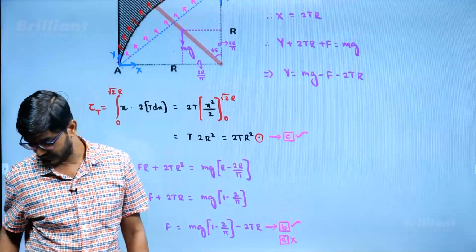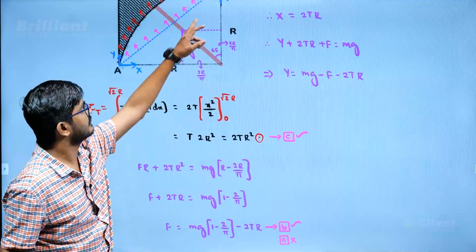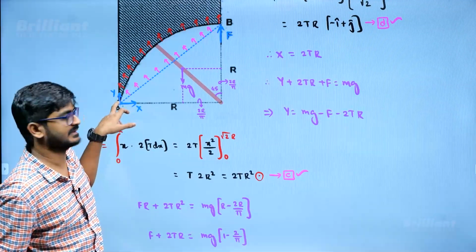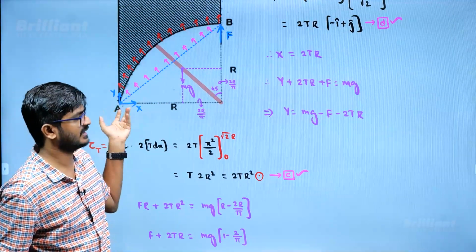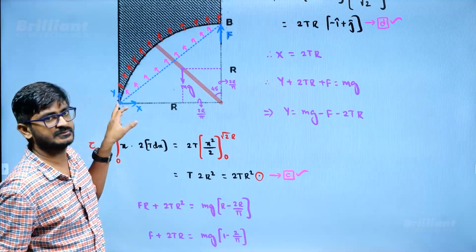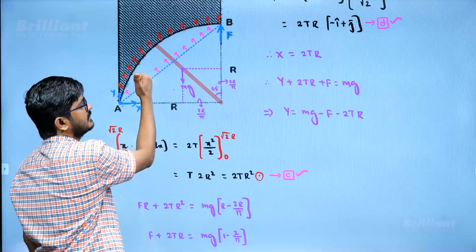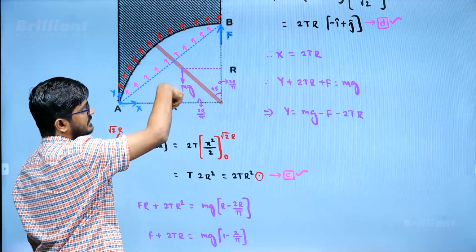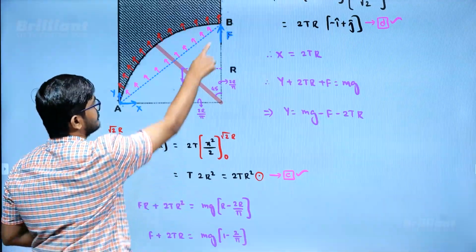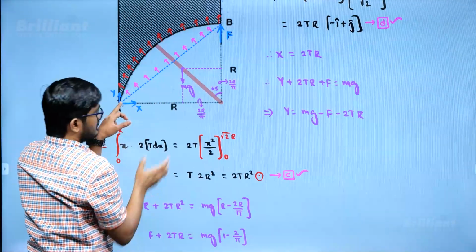Now apart from that, what you need to find? You need to find the magnitude of force F. So the better option is I can take torque about this point, because y value calculation is hard, right? X value we found, but y value we would unnecessarily need to calculate. So when we take torque about this point, that torque must be 0, that is torque because of surface tension force which will try to rotate it this way, and torque because of weight which will try to rotate it this way, torque because of this force which will try to rotate it this way. So this force will apply how much torque, that is perpendicular distance r times force in this direction.